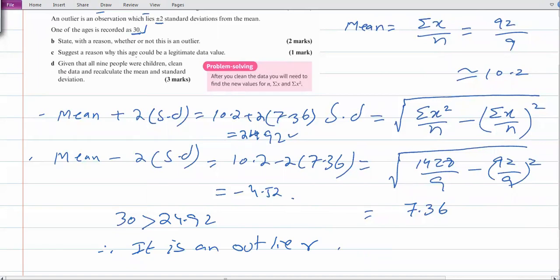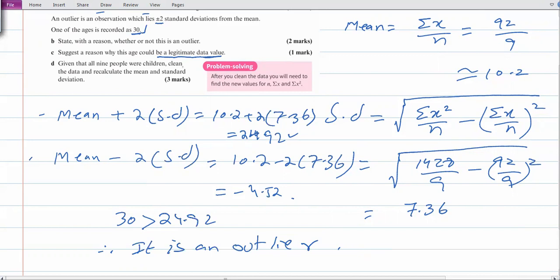Then suggest a reason why this age could be a legitimate data value. When we say a legitimate data value, even though it is an outlier, it can still be part of the data.